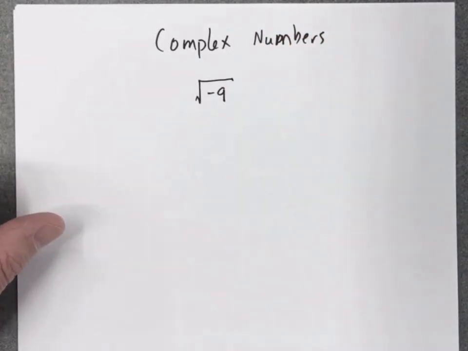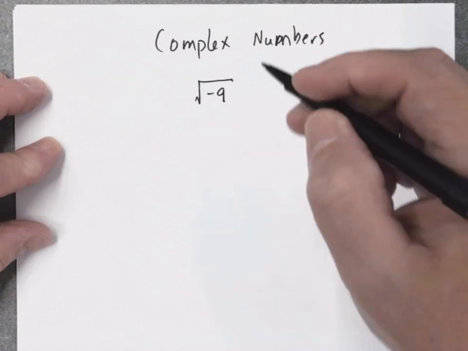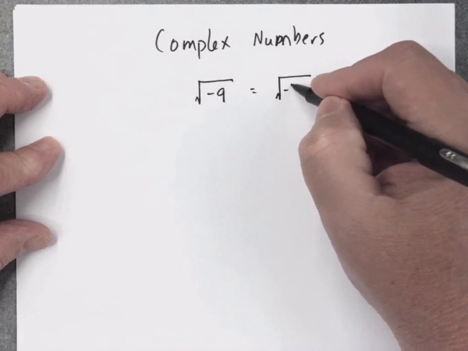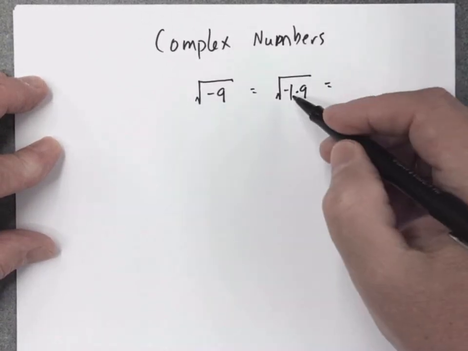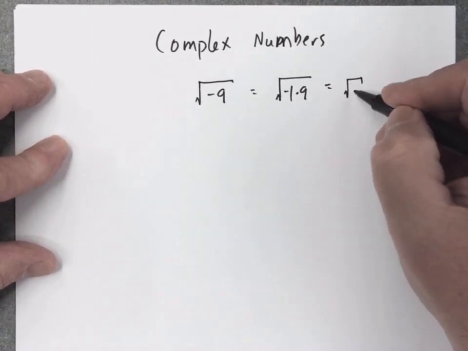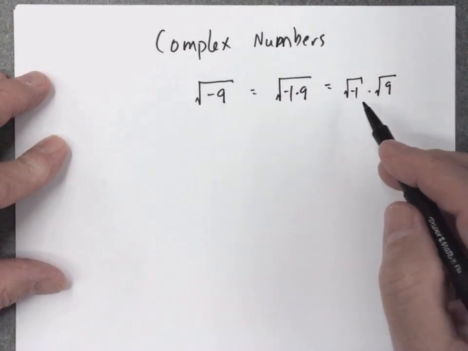Back in algebra, you learned that you cannot take the square root of a negative number. This is not a real number. However, what we did back in algebra was we decided to split this up.